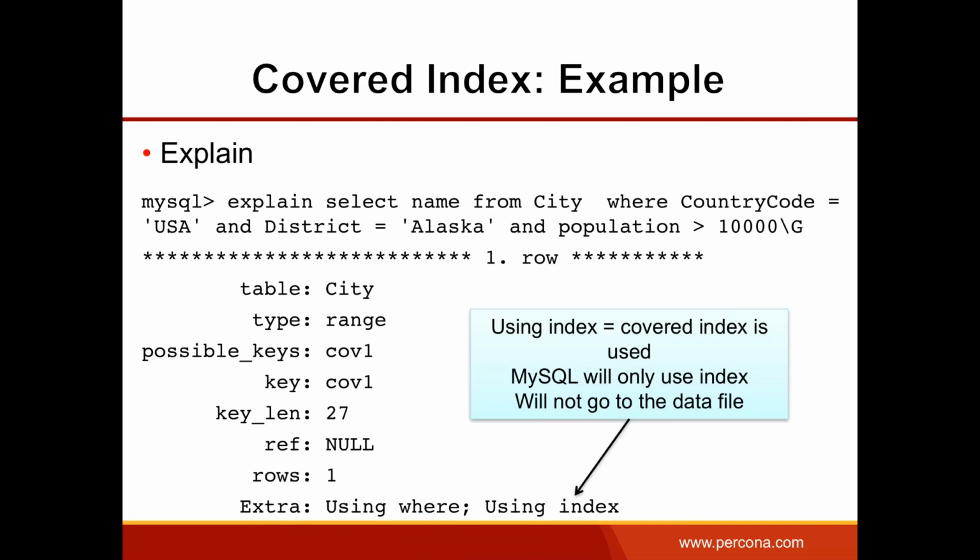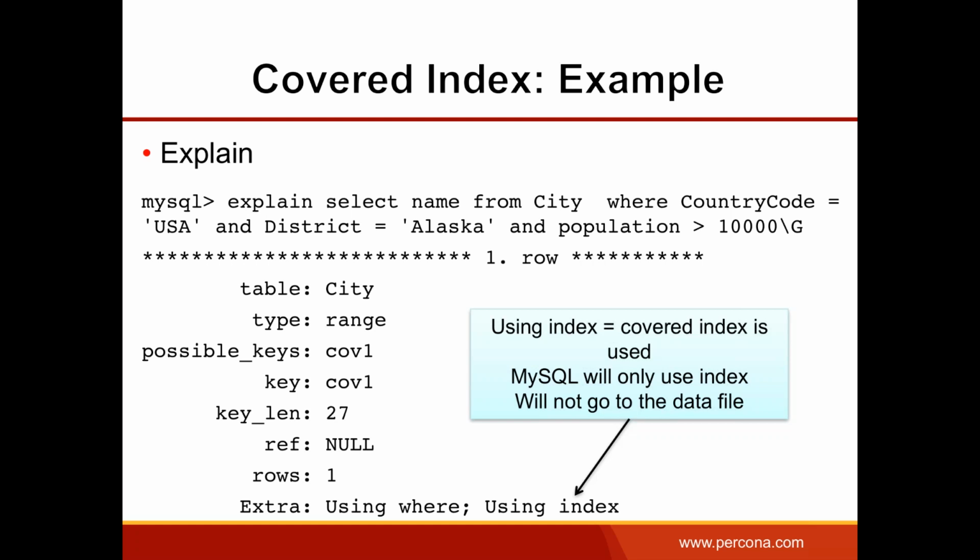If we see using index in the extra field of the explain output, that means that MySQL is using a covered index. Now the major benefit of that is that MySQL will only use an index file. It will not go to the data file. So it only needs to read the index to satisfy the whole query. And usually it is much faster.